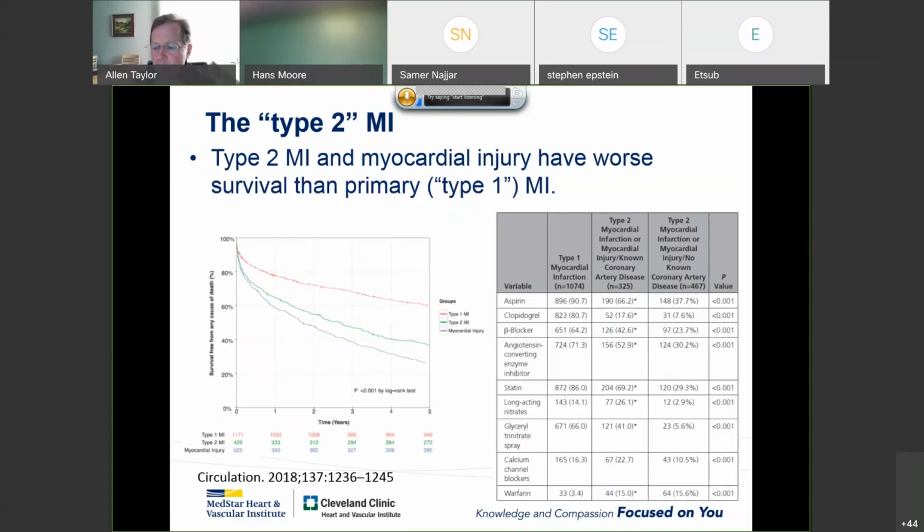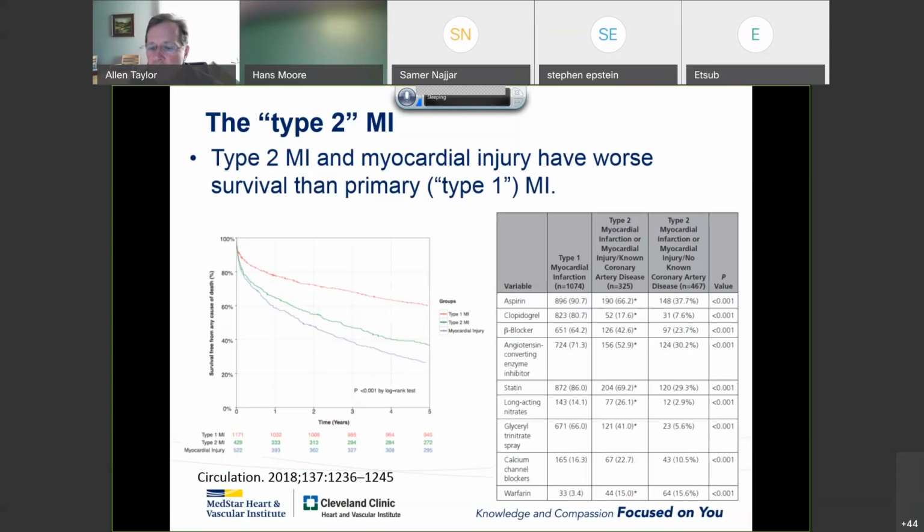And what's interesting to me in particular is if you look at this table to the right, there are 3 columns of relevance: type 1 MI, type 2 MI with known CAD, and type 2 MI without known CAD. We treat these patients with type 2 MIs much differently than type 1 MIs, despite the fact that the overall cardiac outcomes are equivalent.